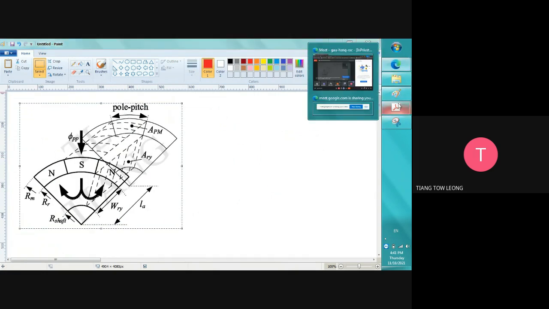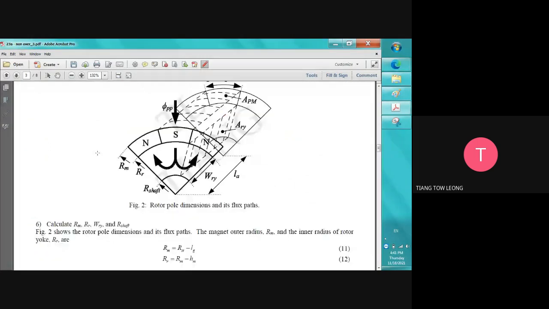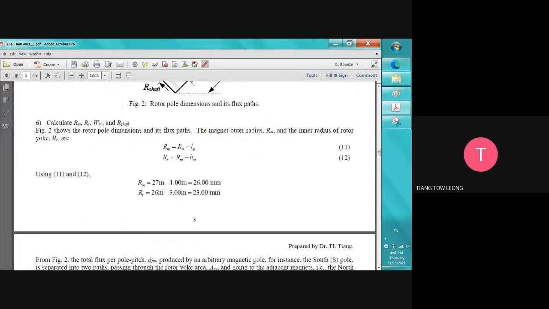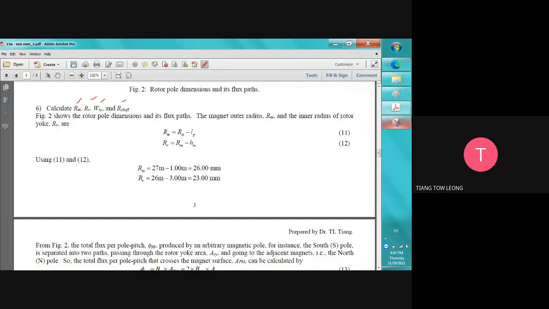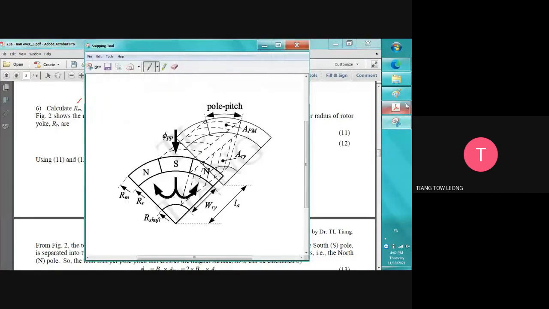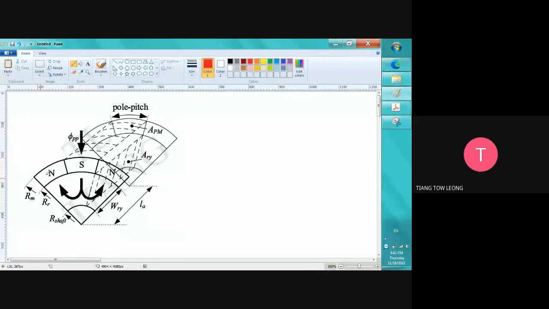And then what else? Now we want to calculate the easiest first: RM, RR, WRY, and R shaft. RM is where? RM is this one. Just now we know that we already have RSI, and we know the air gap between each, LG, is given as 1 mm.